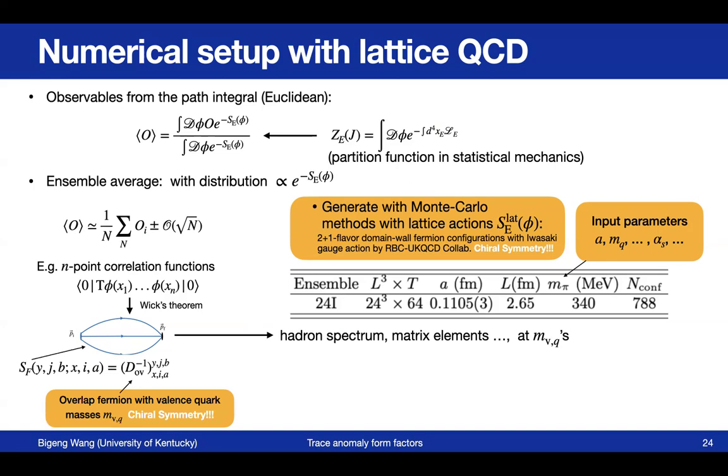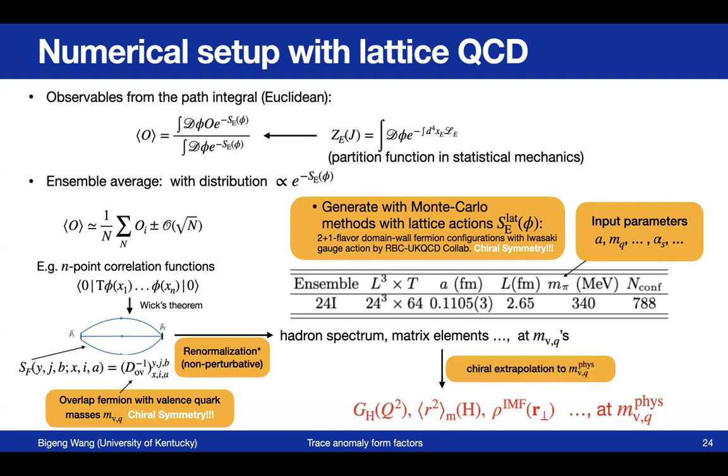So here we're using the overlap fermion, so overall we have good chiral symmetry in this calculation. And finally, with several quark masses, by the way, the renormalization issue I'm going to talk about later if we have time. After renormalization, we can obtain something physical by doing the chiral extrapolation, so that we can have the form factor radius and the spatial distribution at the physical quark mass.